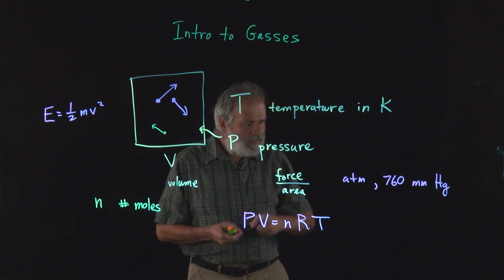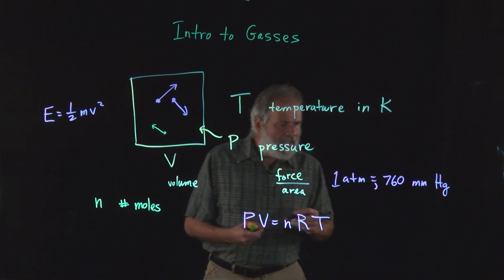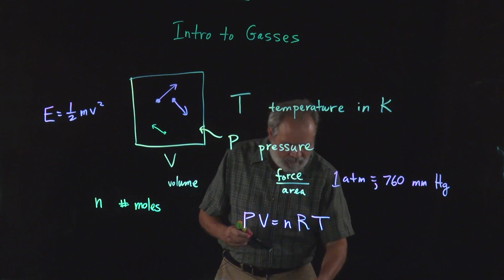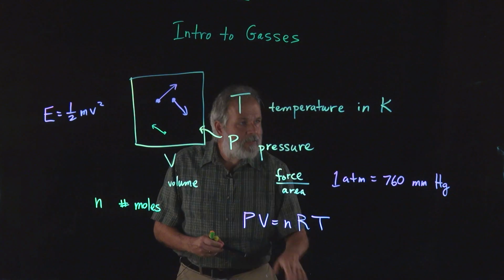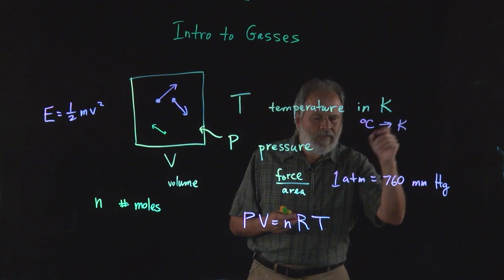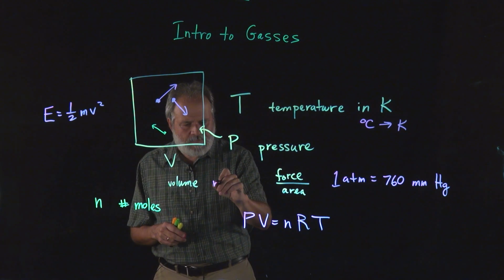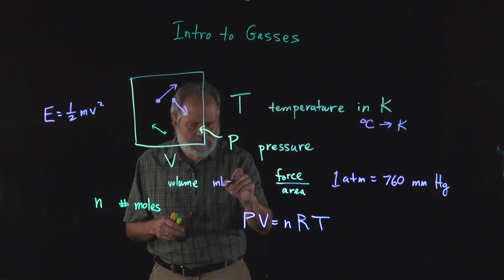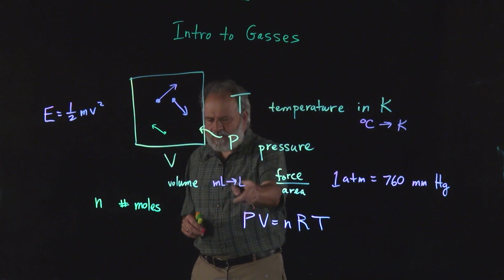So you need to be able to convert atmospheres to millimeters of mercury. You need to be able to convert degrees C to Kelvin. And you need to be able to convert volume in whatever units, usually liters, to milliliters to liters.